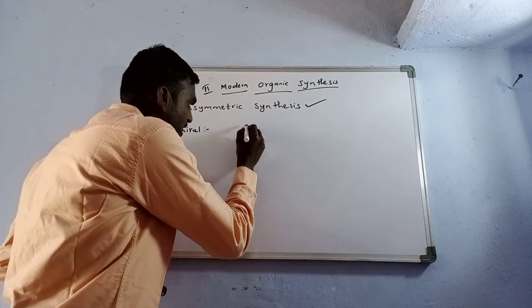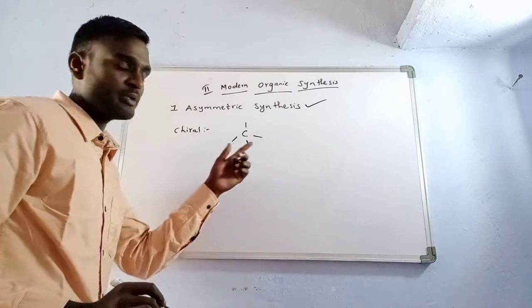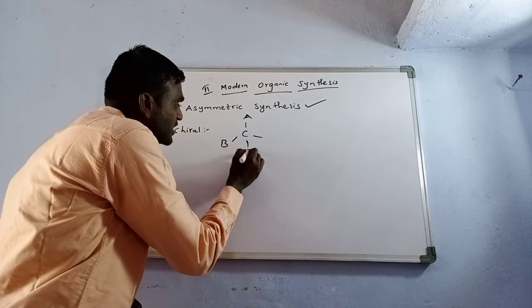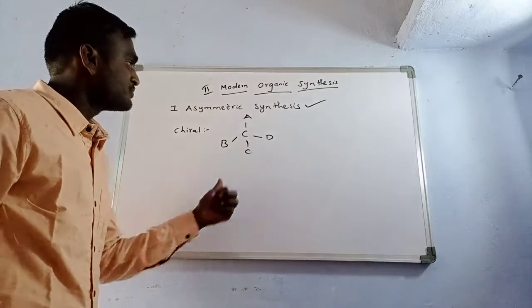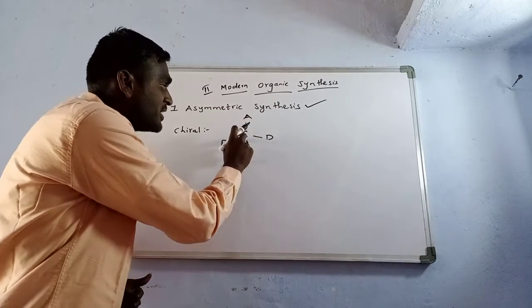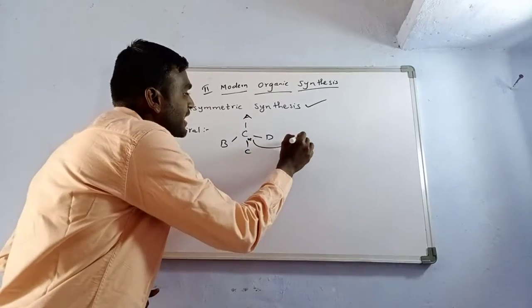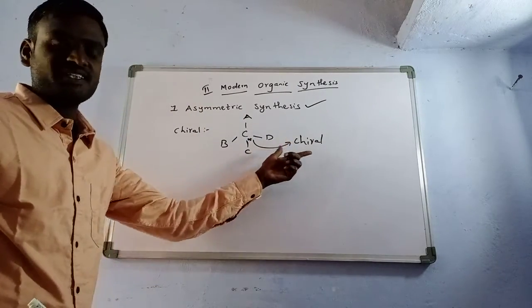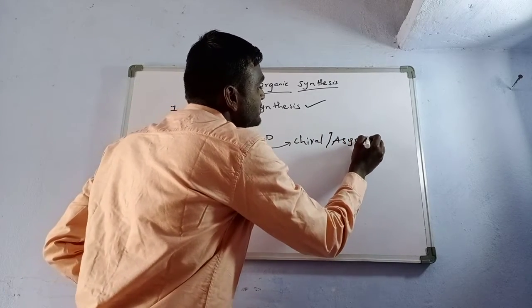This is the tetravalent carbon atom, which is attached to four different groups or atoms. Then that carbon is called chiral carbon, and the center is known as the chiral center or asymmetric center.